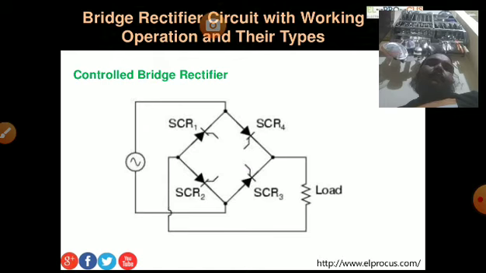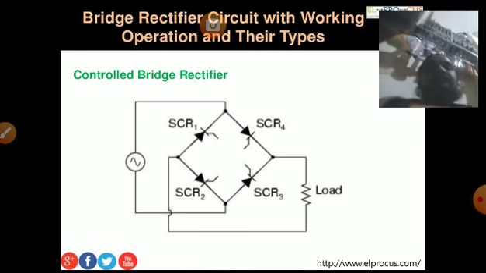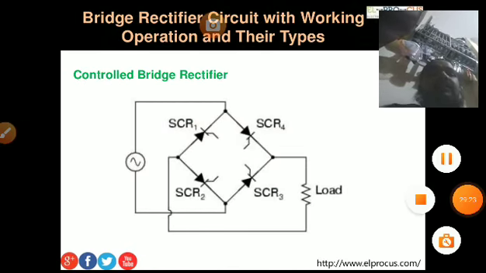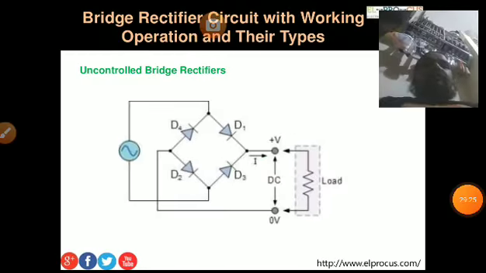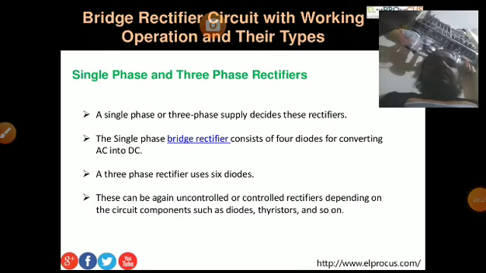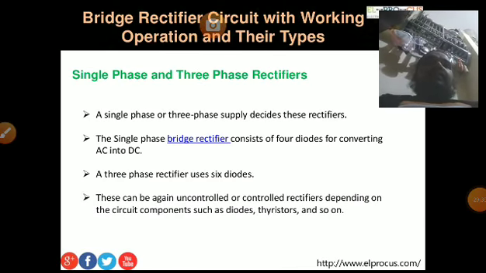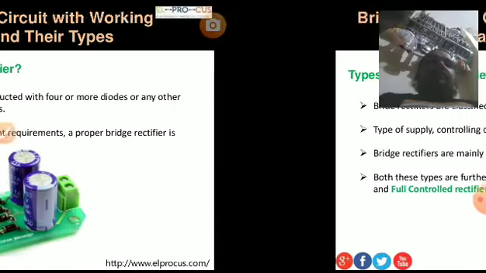This is the topic of the bridge rectification circuit with working operation.